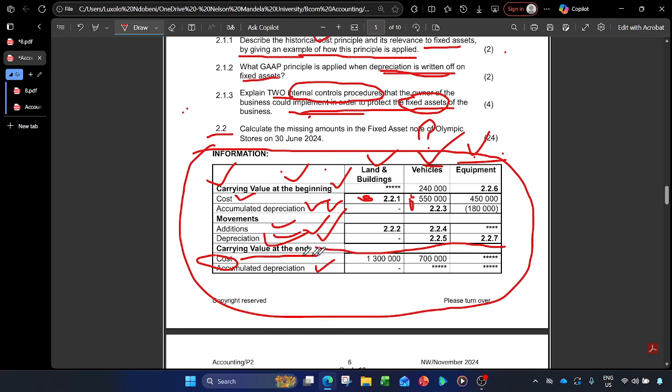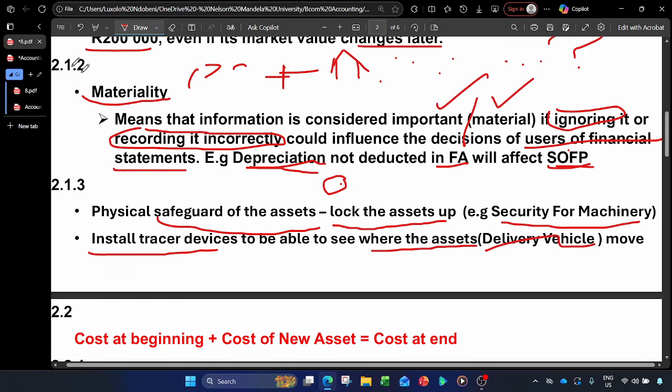If they ask you about the cost at the end, how can you calculate it? The costs are given, but how can you calculate it? This formula will show you how. Firstly, the cost at the beginning plus the cost of the new asset, or the addition, is equal to the cost at the end.